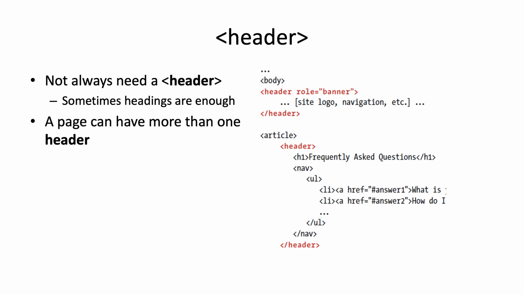So if we look at this example, this is a slightly more complicated one. So you have this header here, the top one, which is a header for the entire page. And then for part of the page, which is inside the article element, which I'll explain a little bit later, you have its own header.